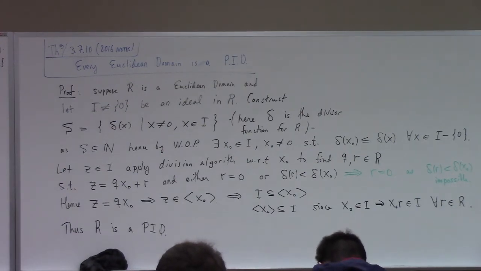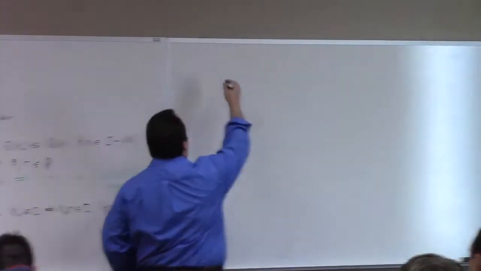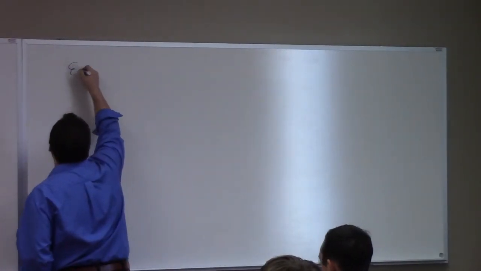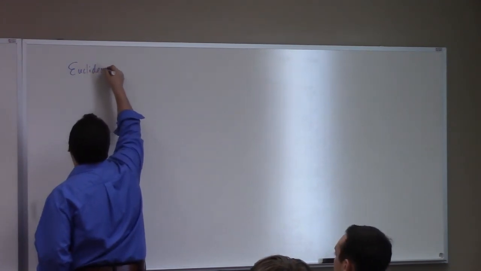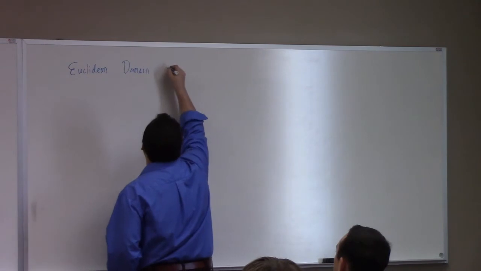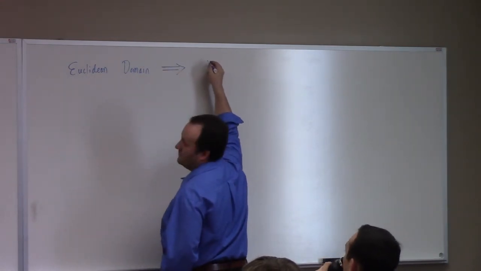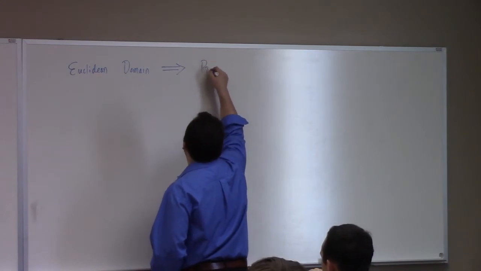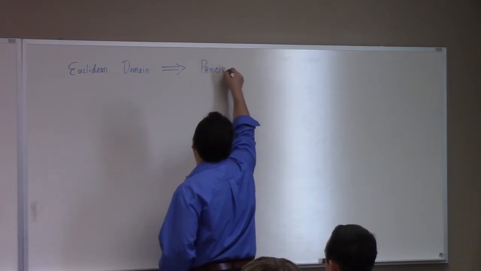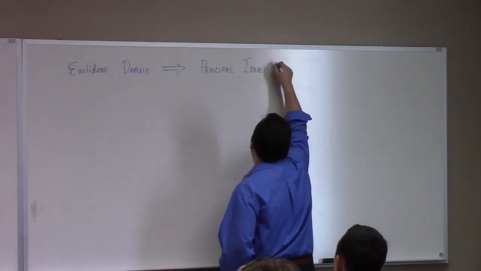So let's collect our thoughts. What are the big ideas we have here? We have Euclidean domain, right? We just proved Euclidean domain implies what? Principal ideal domain, right?